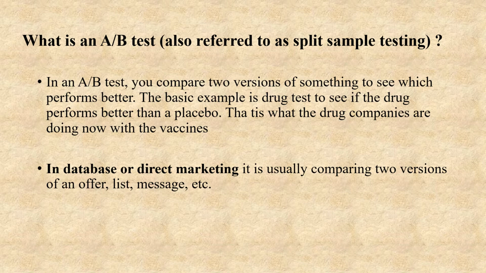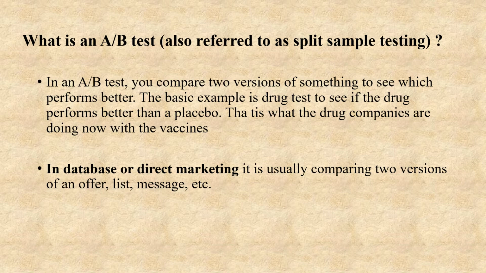They're testing the vaccines to see if the vaccines are, in fact, good at reducing the likelihood of getting the COVID virus. And so they are testing A against B, their vaccine against some sort of placebo or other type of treatment that someone might be given.